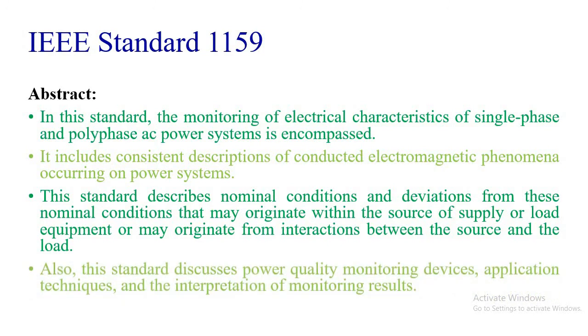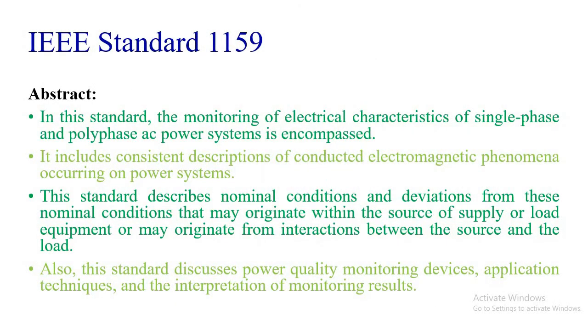It includes consistent descriptions of conducted electromagnetic phenomena occurring on power systems, and the standard describes nominal conditions and deviations from these nominal conditions that may originate within the source of supply or load equipment, or may originate from the interactions between the source and the load.